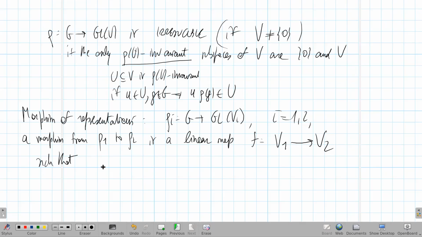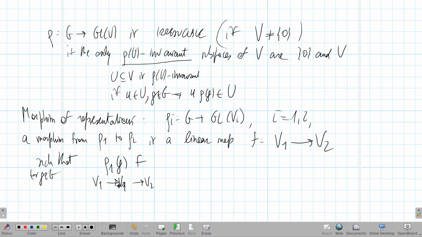for g in G, rho 1 of g followed by f, this is a composition of maps, because rho 1 of g is a map on V1, so it goes from V1 to V1. So composition is left to right. This goes from V1 to V2.